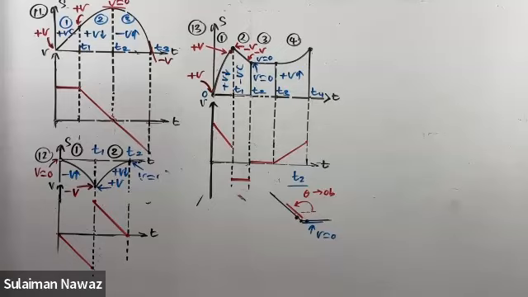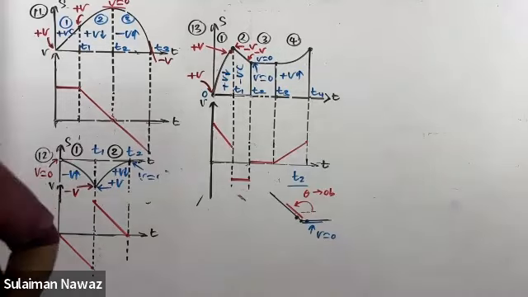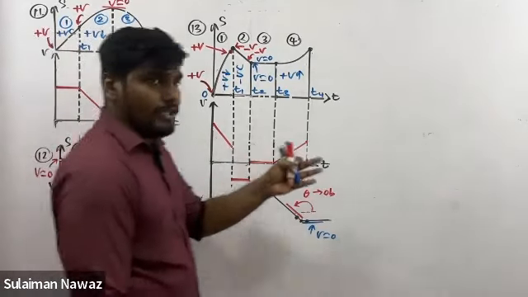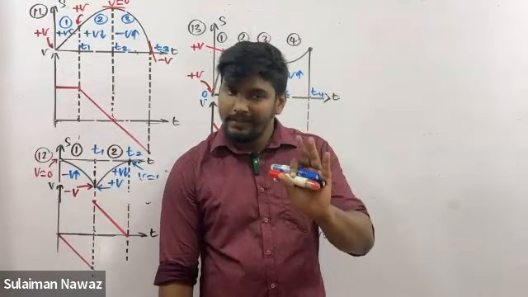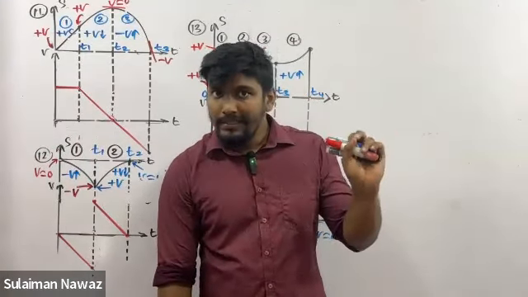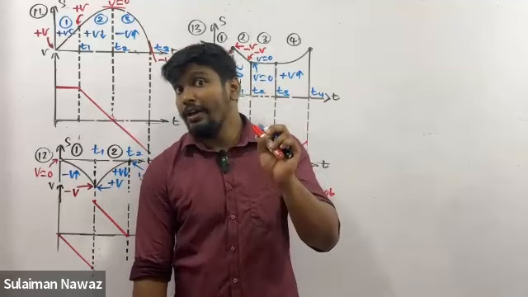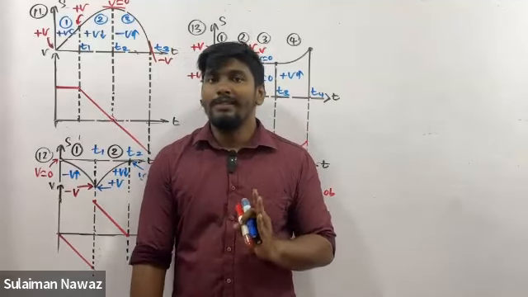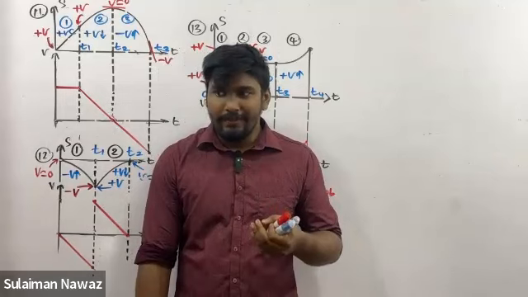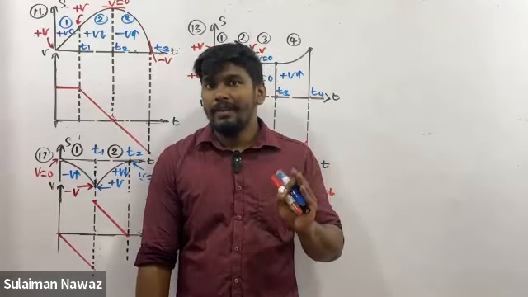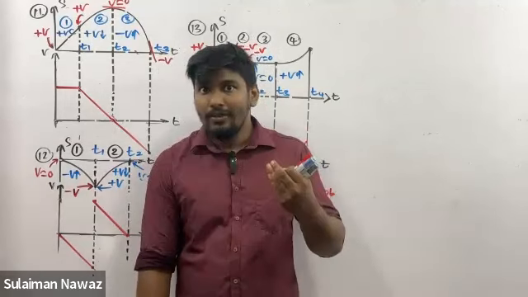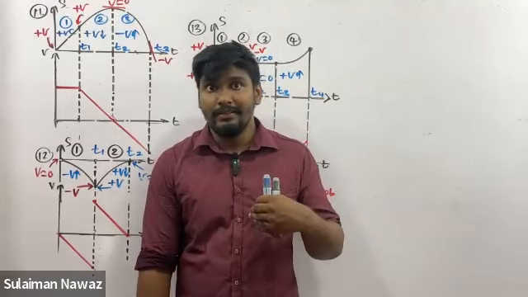Then 14. If I draw 14, it's completely all right. You are very slow when converting these graphs, completely all right. But even though you are slow, you are getting the right graph. That's what's important. You take time, but draw the right graph, because with practice, you can automatically increase the speed.